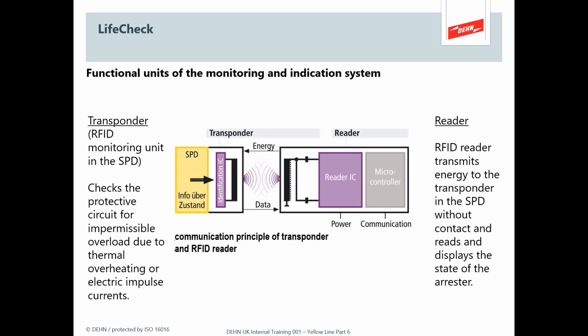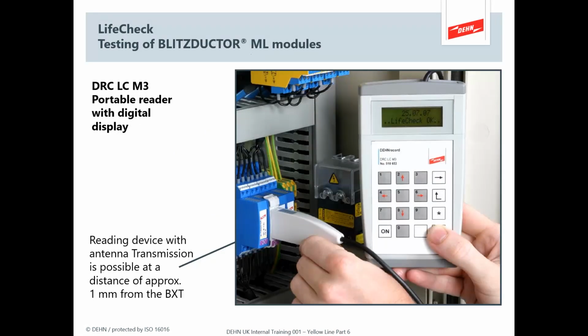Inside, it's all done via RFID communication, so it's no contact. There's no intervention, so I can just check it remotely. So there we go. In practice, it says they're in contact, but so long as it's there or touching or within a millimeter, I will get feedback from that particular SPD.